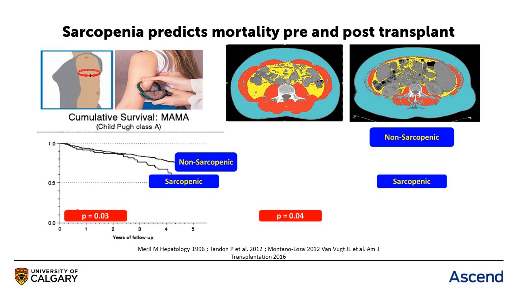This is looking at a study that was done way back by one of our colleagues in Italy back in 1996. She looked at almost 1,000 patients and did mid-arm muscle circumference on them. Sarcopenic patients die more just by using this simple measure. And then with our fancy tests, more recently, definitely sarcopenic patients die more than non-sarcopenic patients.